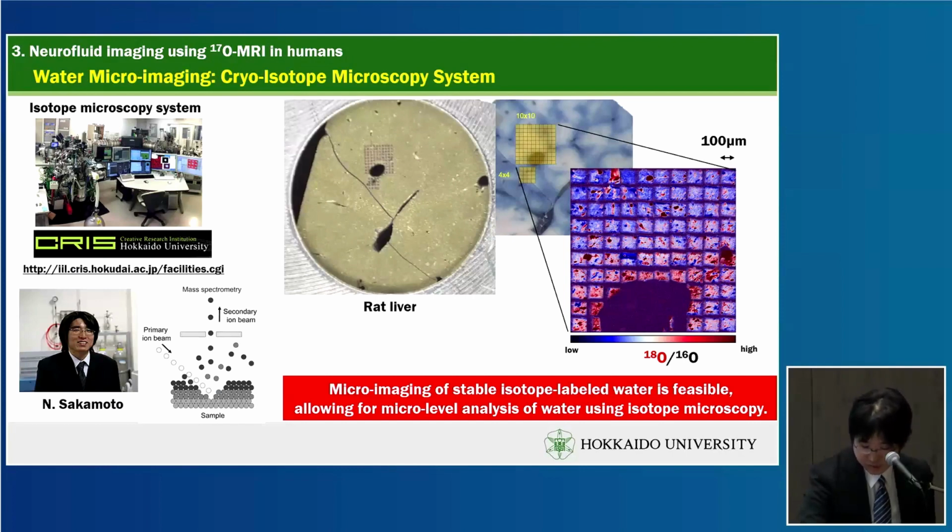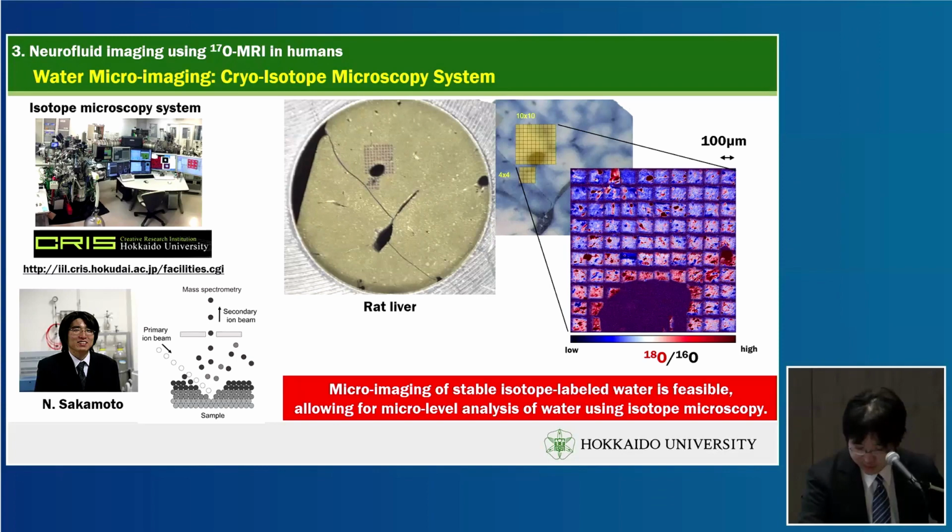To do this, we are collaborating with Dr. Sakamoto. He's an expert on the isotope microscope system, a unique imaging device owned by Hokkaido University. We aimed to observe the micro distribution of water, so he modified the system to allow cryo observation of tissues.